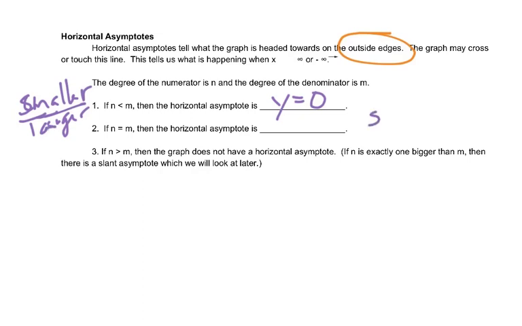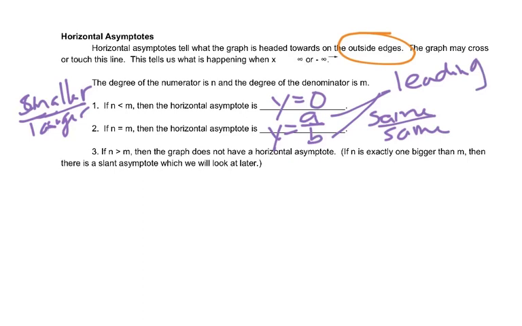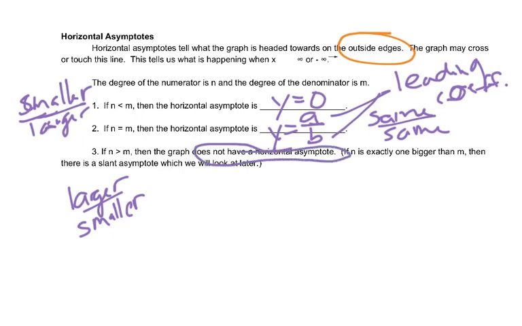If the degrees are the same, then you have a fraction for your horizontal asymptote, and that's found by using the leading coefficients. If the degree on the top is larger than the degree on the bottom, then it does not have a horizontal asymptote.